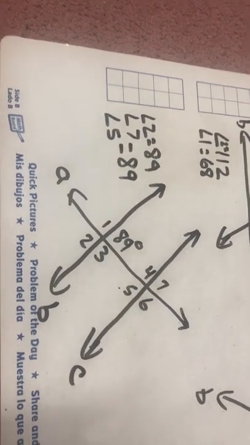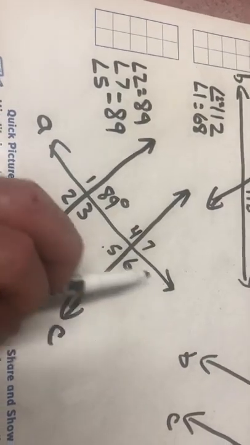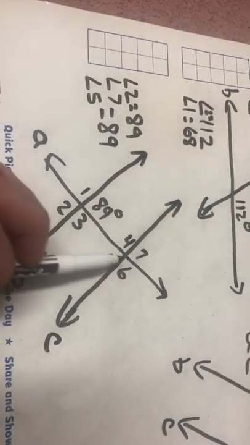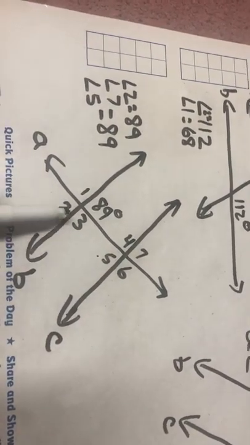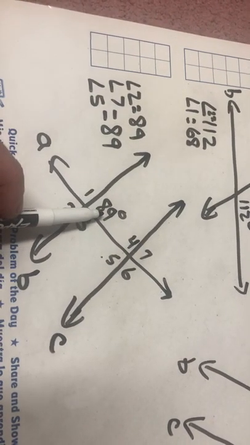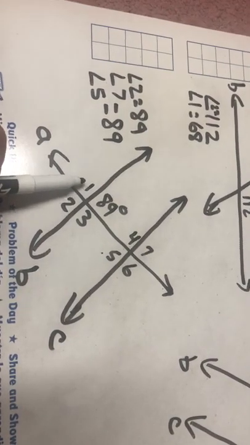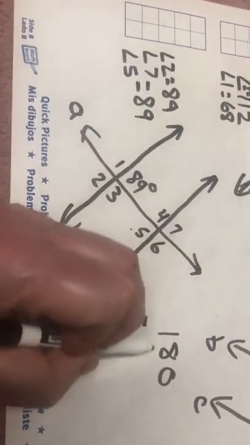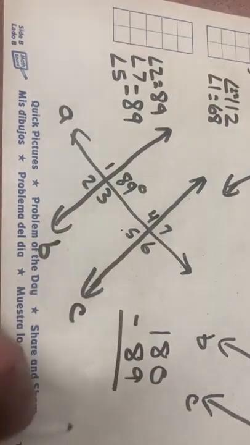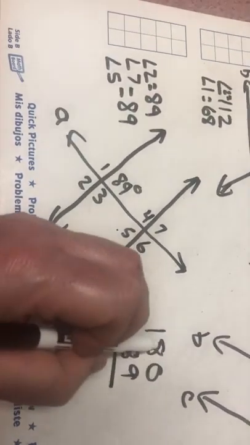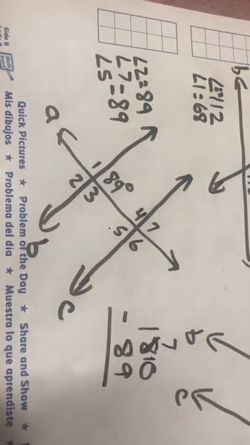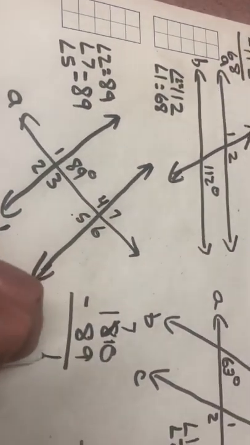Okay? Now, we want to remember our straight angle here. Okay? We want to remember our straight angle. 89 degrees. To figure out what angle 1 is, I have to do 180 minus 89 degrees. I can't do 0 minus 9. So I borrow from the 8, I make it a 7, I make the 0 a 10. 10 minus 9 is 1.